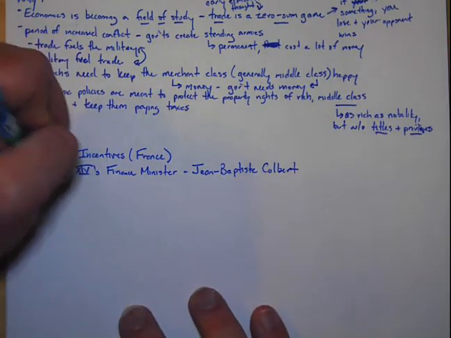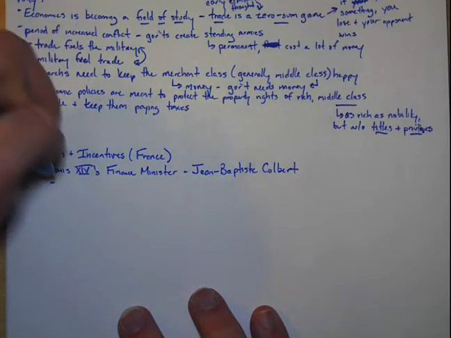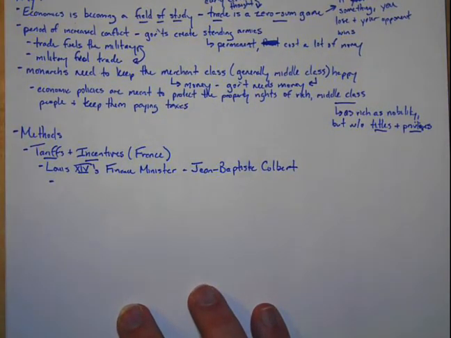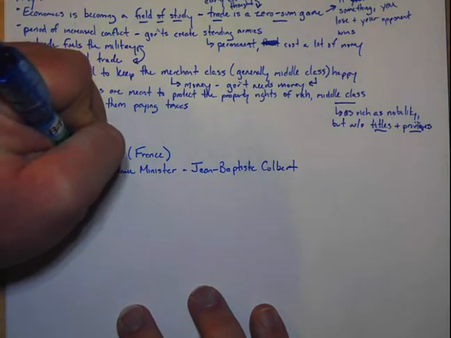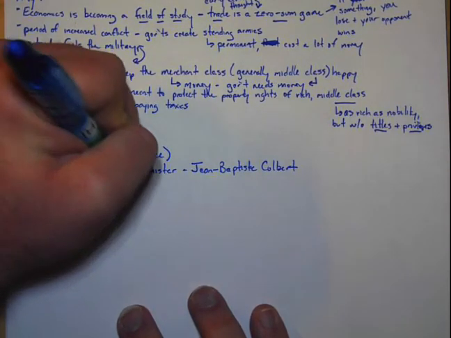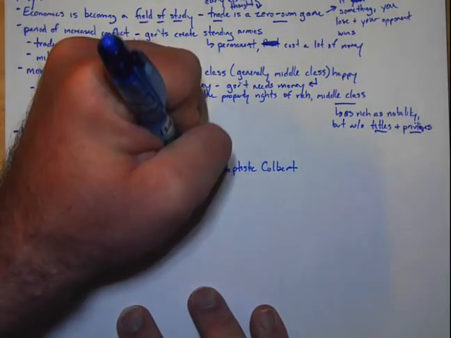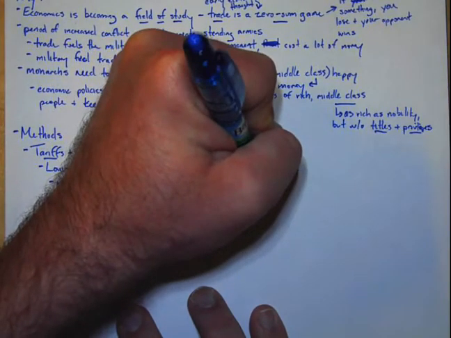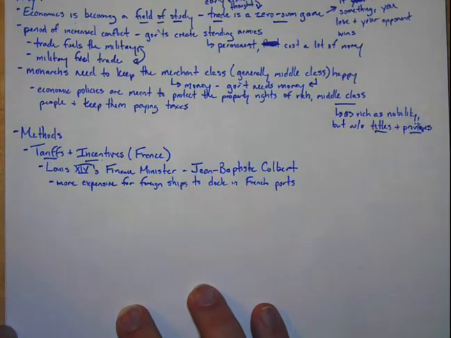So what he's going to do is he's going to increase a bunch of taxes and fees on foreign goods. So it's going to be more expensive for foreign ships to dock in French ports. So they're going to go elsewhere. We don't want your stuff. Don't try to export your stuff to us. We don't want it.